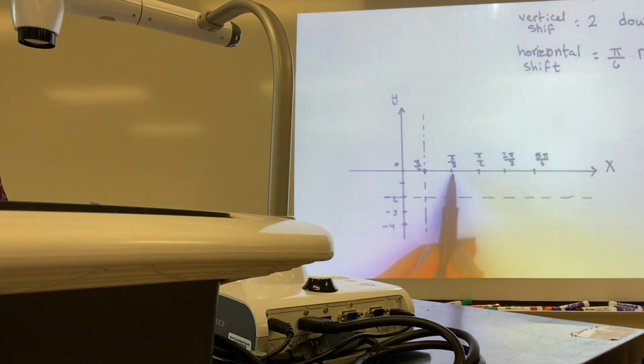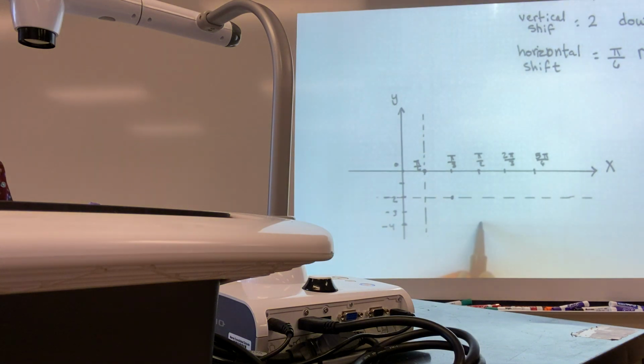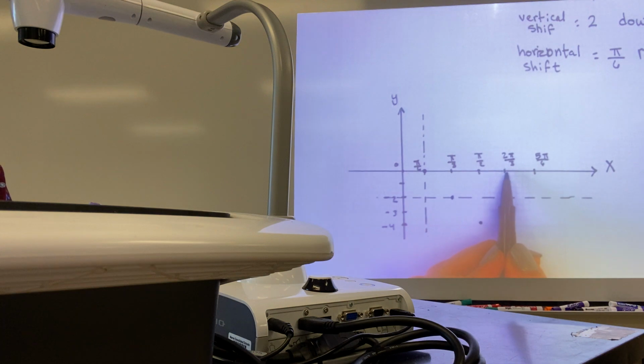And when x is pi/3, this will be negative 2. And when x is pi/2, that will take us down to negative 4. And when x is 2pi/3, it will take us back to negative 2.